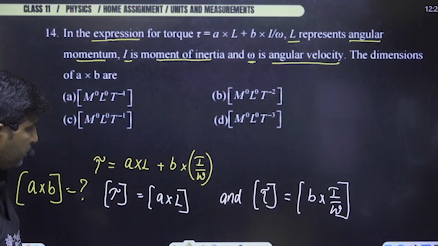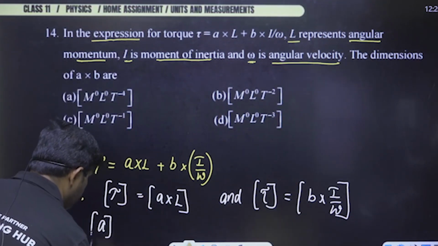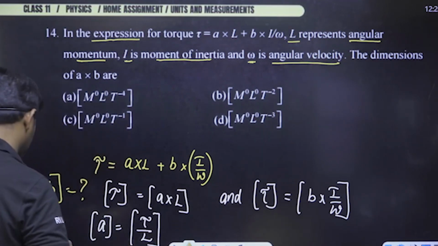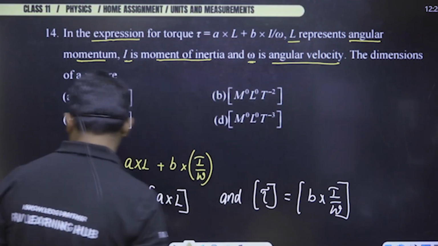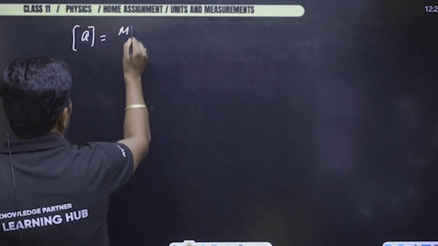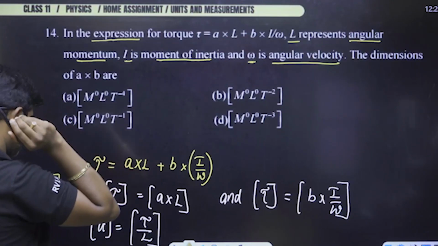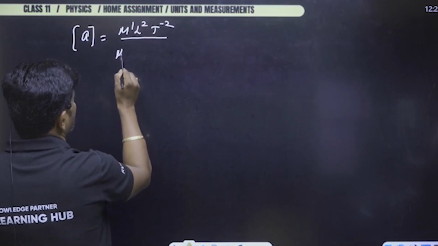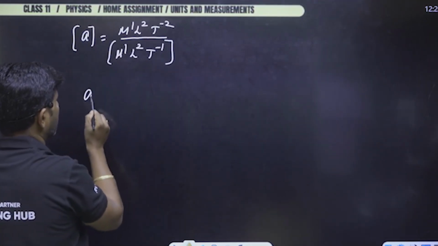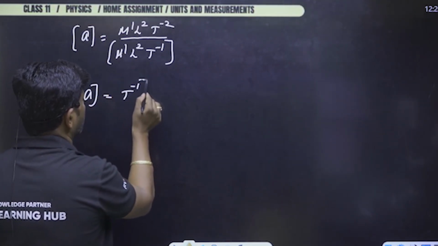So from this, calculate the dimensions of A. Dimensions of A becomes equal to dimensions of torque divided by L. Dimensions of A becomes M power 1, L power 2, T power minus 2 divided by L, whose dimensions are M power 1, L power 2, T power minus 1. So you will get dimensions of A as T to the power of minus 1.